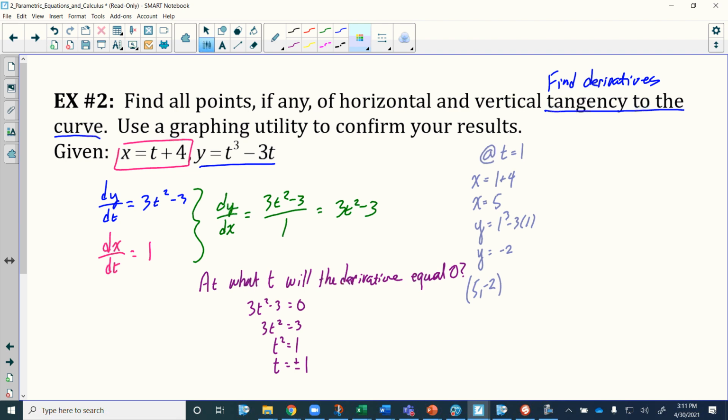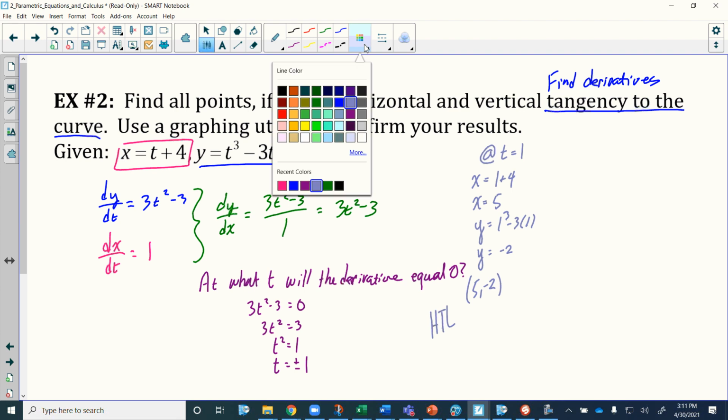That should be a horizontal tangent line, if I'm not mistaken. And let's look at the other example here. What color haven't I used? Let's do black here.